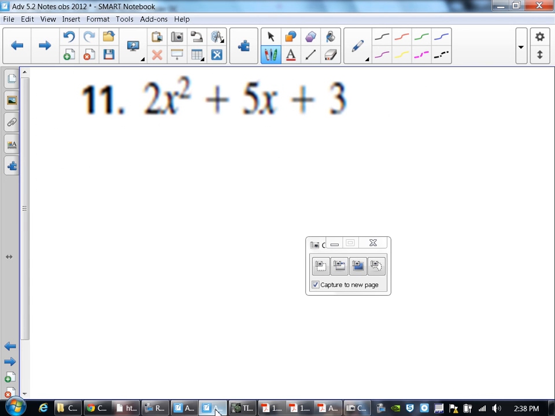Let's try another one like that. 2x squared plus 5x plus 3. First rule of factoring would have been to look for a GCF. Unfortunately, in this case, there isn't one. So I'm going to multiply my tails. So what's 2 times 3? Excellent.